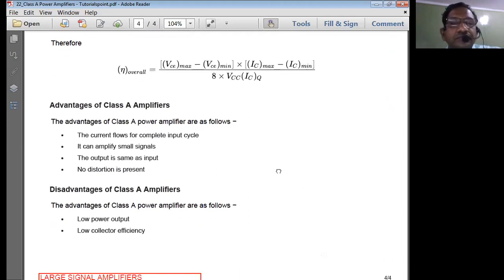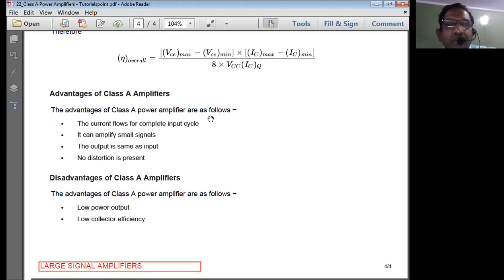Now, if you see this formula, what is there in the denominator? VCC into ICQ, which is a large value. Whenever a large value is in the denominator, the overall result is going to be less. Therefore, it exhibits a poor overall efficiency. That is the drawback of this class A power amplifier.